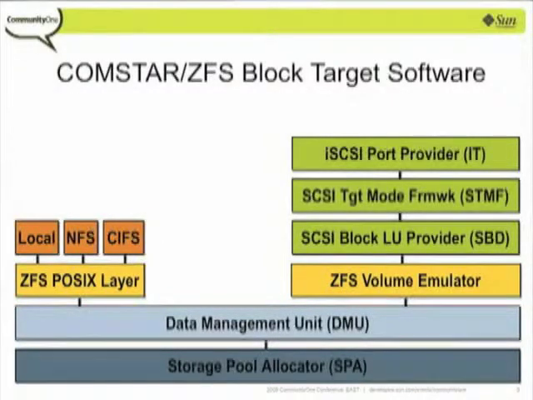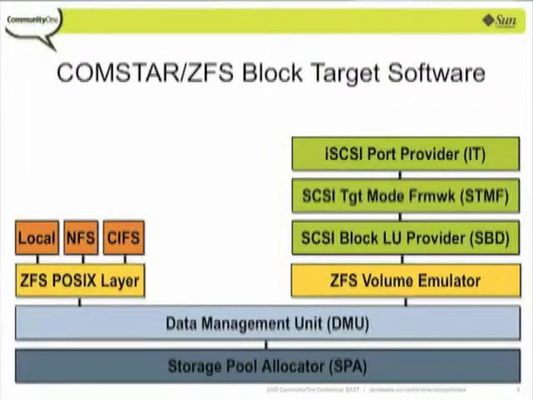So if you look on the right in green, the iSCSI port provider, the target mode framework, and the block LU provider. Port provider is basically the front-end transport, and those will be, as I've said, multi-protocol. So today we do iSCSI and Fiber Channel in OpenSolaris 2009-06. You'll see tomorrow that we're going to add more protocols. We've actually already integrated some new protocols: InfiniBand, FCoE, SRP, iSER.